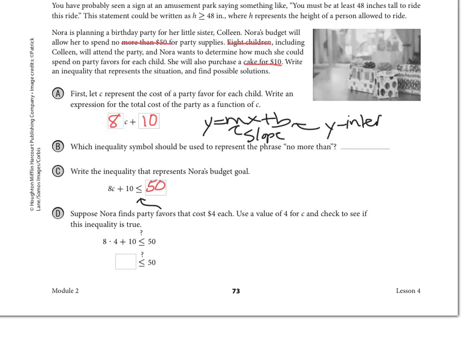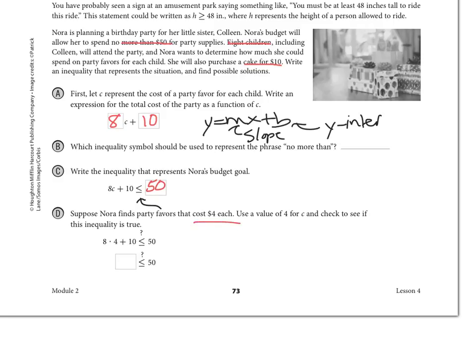Now, that's going to be a part that's going to be difficult for you because that's the part I can't really help you with. You're going to have to kind of read a problem and determine that. After that, we're just solving. Now, instead, what they did was they took a scenario and they said, suppose Nora finds party favors that cost $4 each.